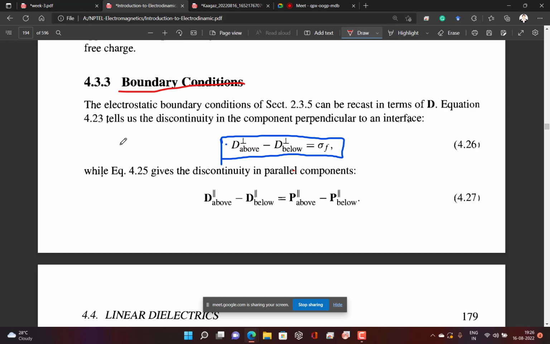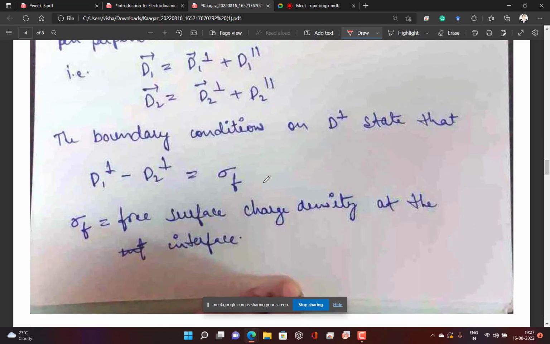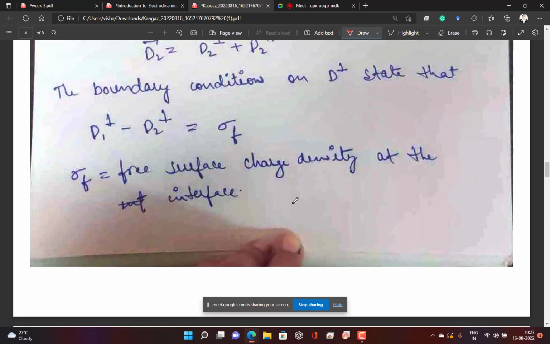It tells us that the discontinuity in the component perpendicular to an interface can be written as this: D perpendicular above minus D perpendicular below is equal to sigma f. So here D1 perpendicular minus D2 perpendicular is equal to sigma f. Sigma f is the free surface charge density at the interface.